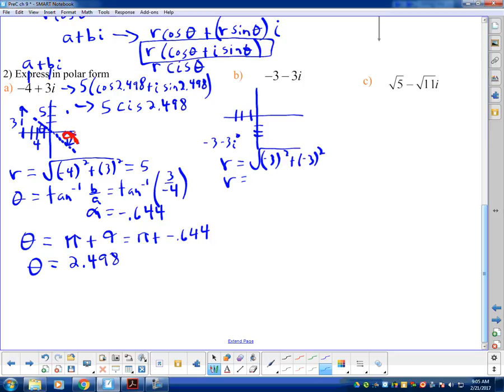Square root of 18 simplifies to 9 times 2, or 3 root 2. It's 3 root 2. This is one of the ones where it's pretty easy to find the angle. I think we could find it just from the picture alone. Right? If I am 3 left and 3 down, what is that angle right there?